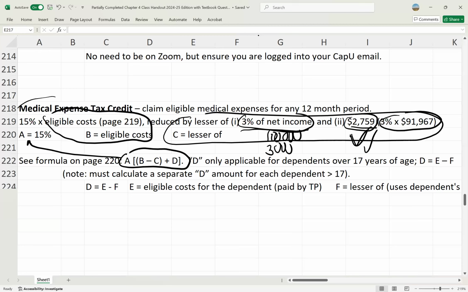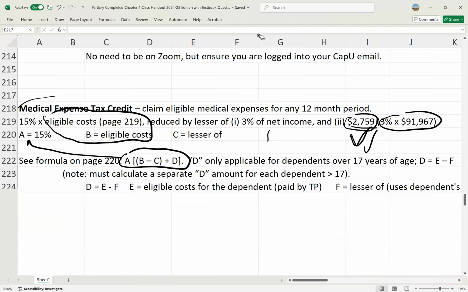So in this case, for this individual, the C amount would be 2,759. So this medical expense tax credit would only be valid if the B amount was greater than 2,759. If their medical expenses were only $1,000 and the C amount was 2,759, they would not be able to claim the medical expense tax credit because B minus C would give you a negative number.